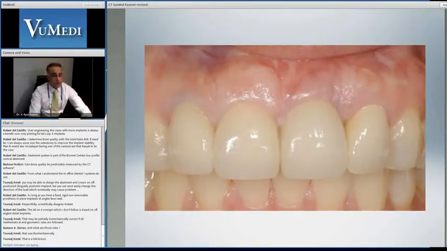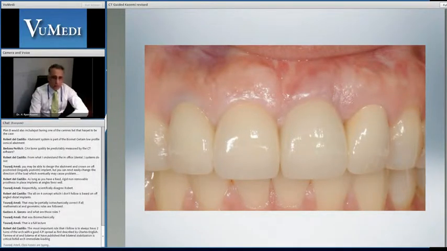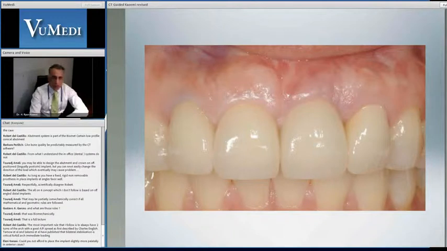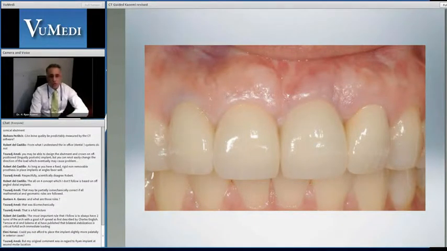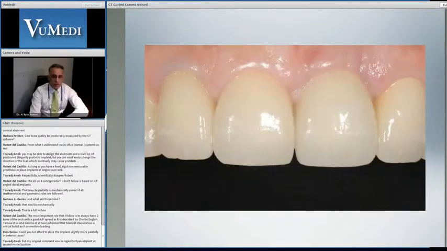Then it's provisionalized one more time for about 3 months in order to design the soft tissue. There's no question that this could have been immediately provisionalized and loaded, especially since we have the adjacent teeth to support the provisional. But ultimately, here's the final result with good outcome.